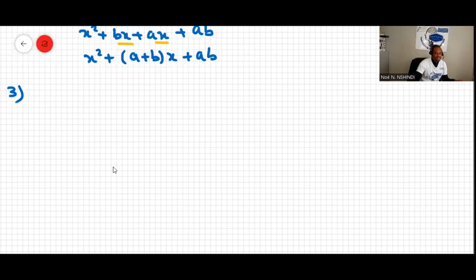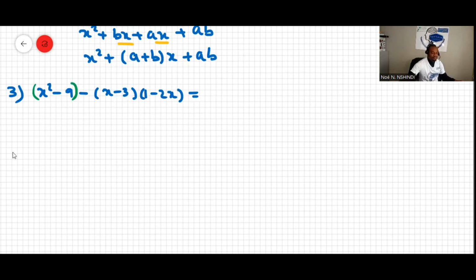To factorize this, I can see they are already factors, so I can put brackets here. This x squared minus 9 is a difference of two squares, because 9 is the square of 3, it's like 3 squared.